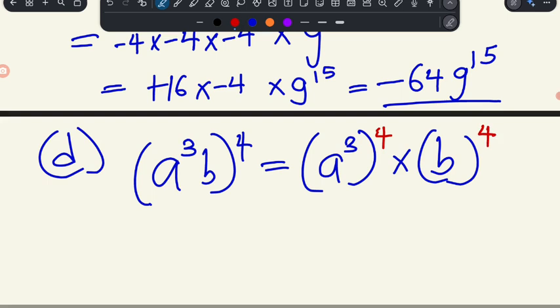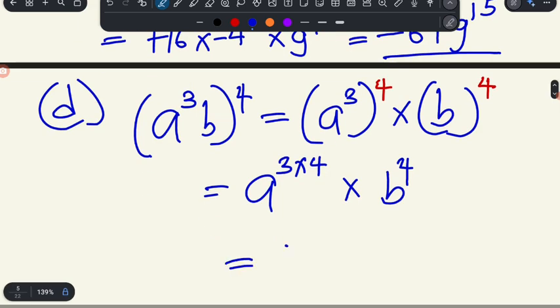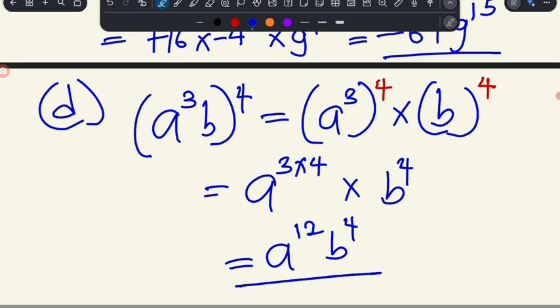So now we have a raised to power 3 times 4 to multiply onto b raised to power 4. So we have a raised to power 12, b raised to power 4. So that is all.